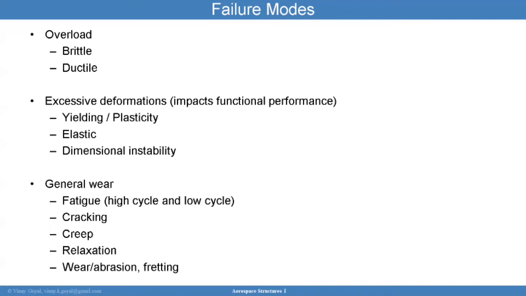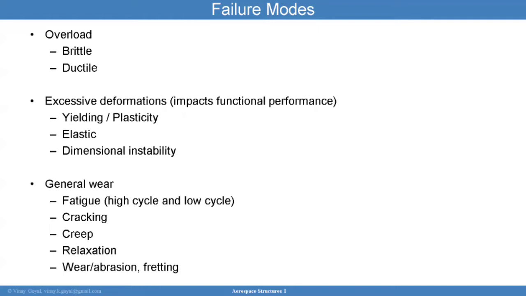Even elastic deformations can impact functional performance. If you have a loading condition in a structure where a particular part deforms too much and that part interferes with the functional performance of another part, that can be a problem.